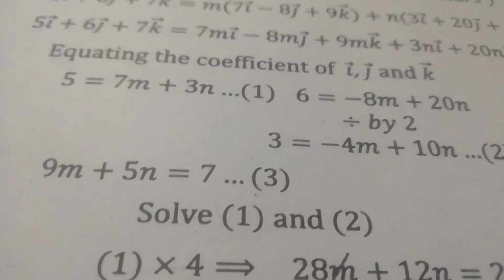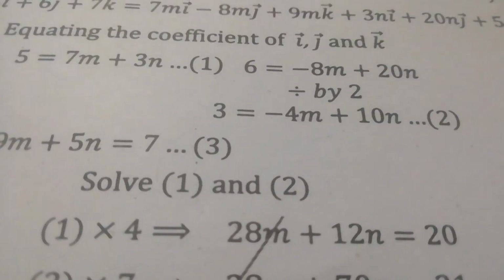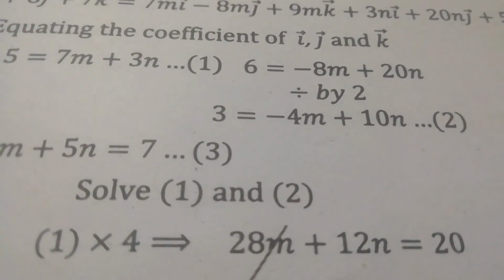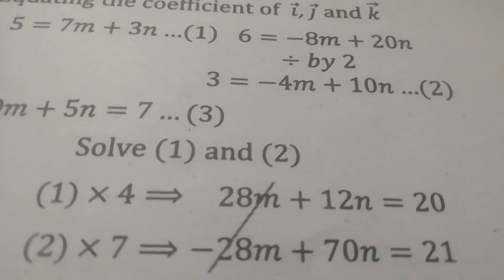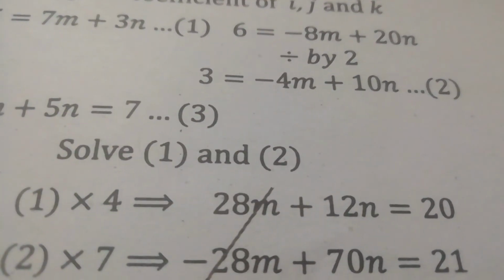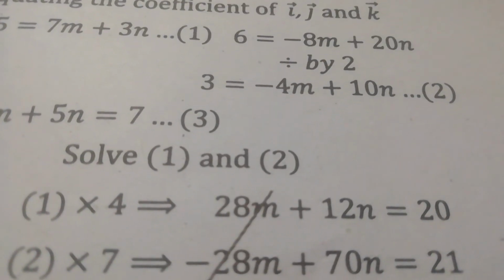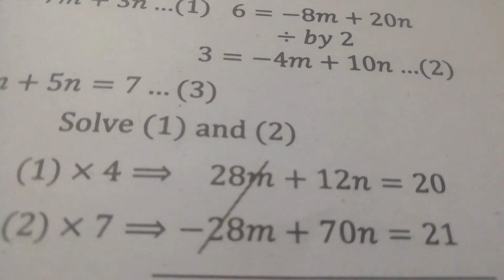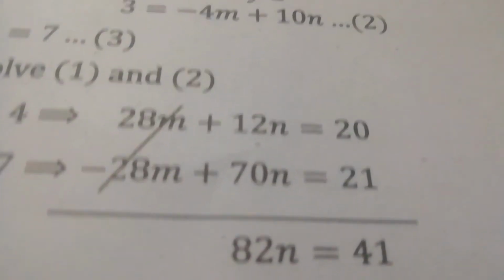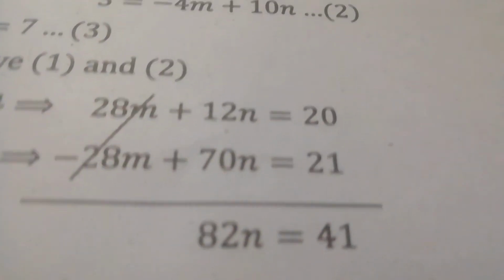So solving 1 and 2, how to solve you know very well. To get the same coefficient, in equation 1 multiply by 4, in equation 2 multiply by 7. So after simplification we get this.